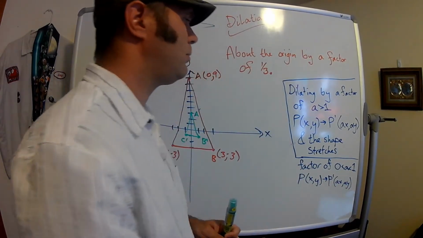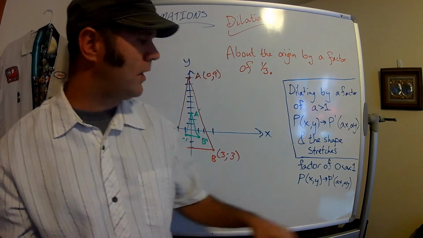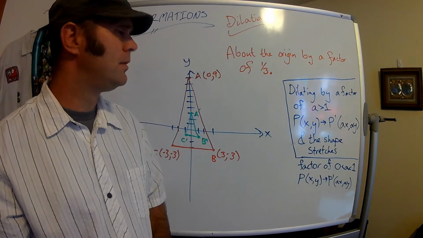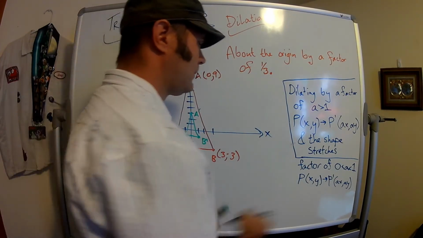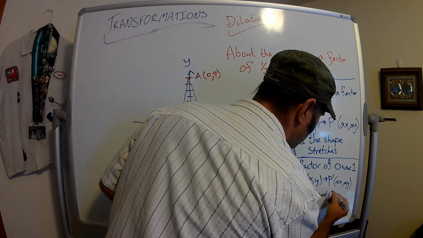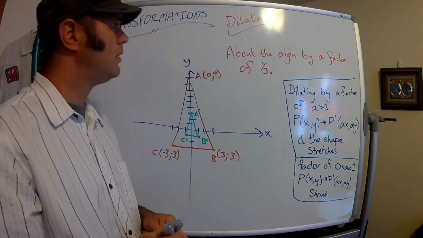We were still just multiplying, so that's fine. All right, and the shape shrinks. We get a shrink.